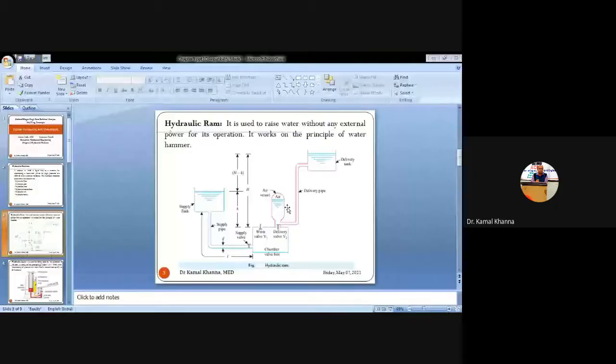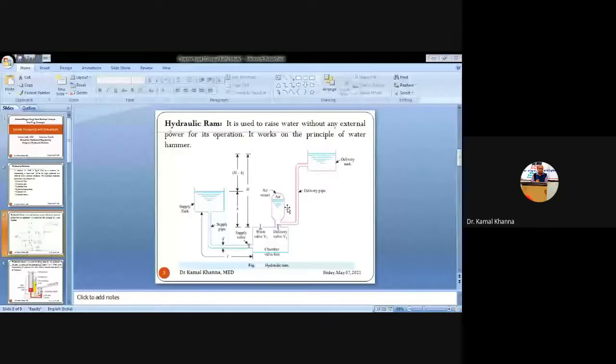Now see how this hydraulic ram is used to transport the water from a lower level to a higher level. Firstly, you fill the supply tank fully with water, and as soon as it is fully filled, the water comes backward into the supply pipe up to the supply valve. As soon as you open the supply valve, the water starts entering the chamber valve box.